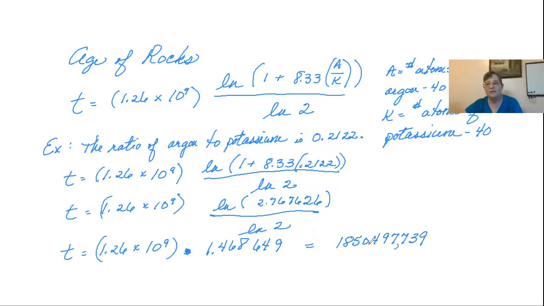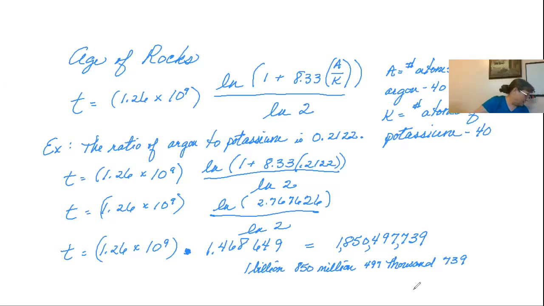This is actually the number, hundreds, thousands, millions, billions. $850 million, 497,000, 739.